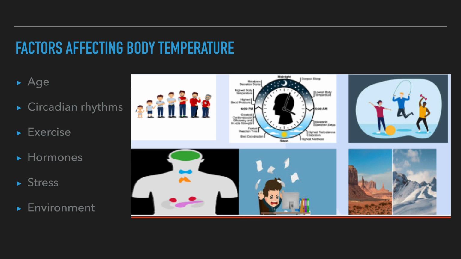Exercise. Body temperature increases with exercise because exercise increases the breakdown of carbohydrates and fats to provide energy. Strenuous exercise, such as running a marathon, can temporarily raise the temperature to as high as 40 degrees Celsius, 104 degrees Fahrenheit. Stress.